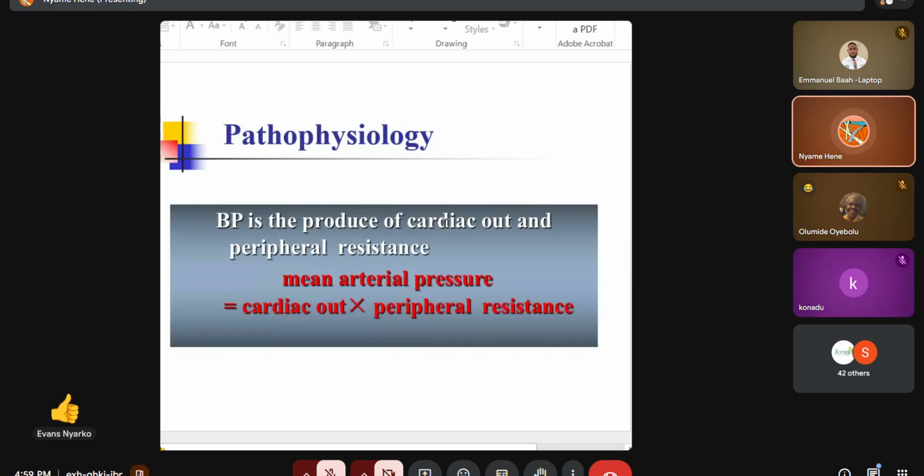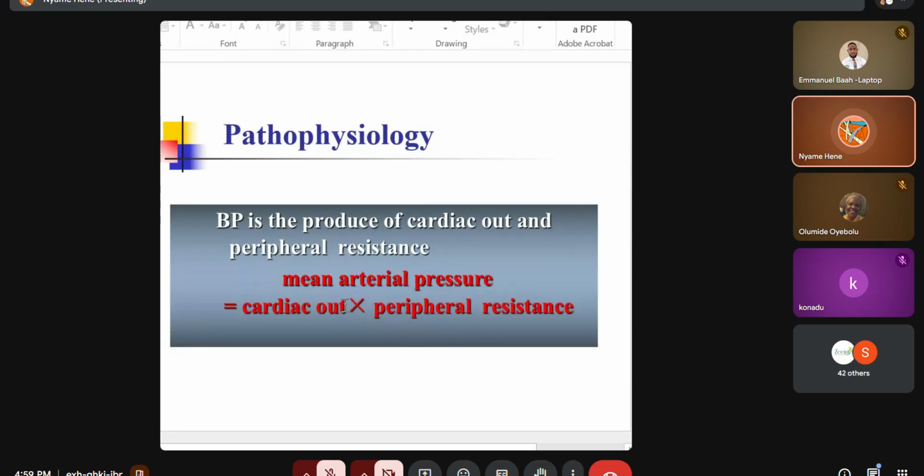So BP is the product of cardiac output and peripheral resistance. So why do we say peripheral resistance? Peripheral is talking about the blood vessels. Resistance is force. So the force in the blood vessel and that of the cardiac output, the amount of blood that is going.